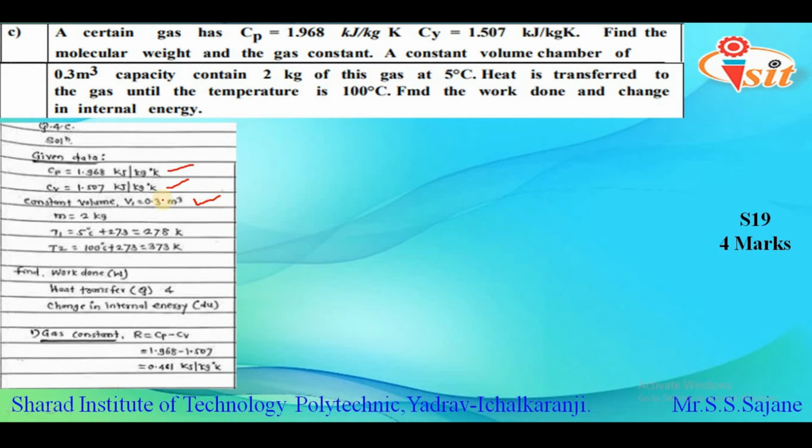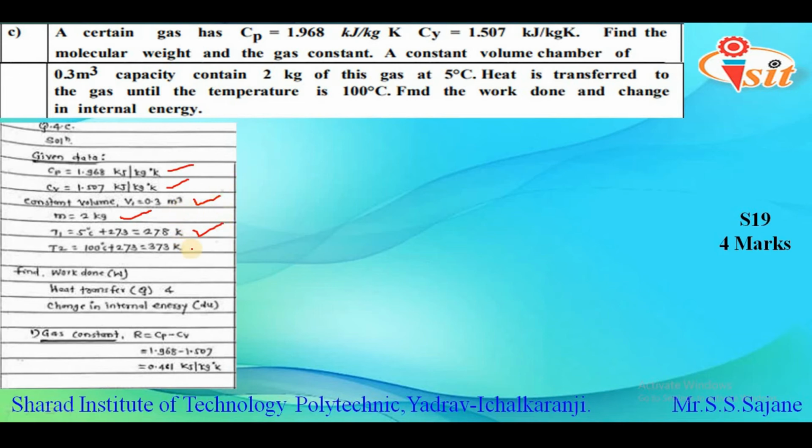Again mass they have given as 2 kg. Again we are having T1 temperature equal to 5 degrees Celsius. So after converting it into Kelvin, we will get this value as 278 Kelvin. And the T2 temperature is 100 degrees Celsius. So after converting it into its SI unit, we will get the value as 373 Kelvin.